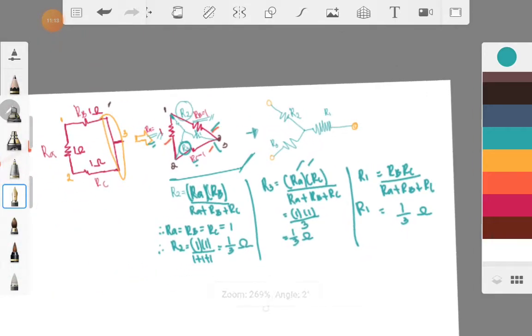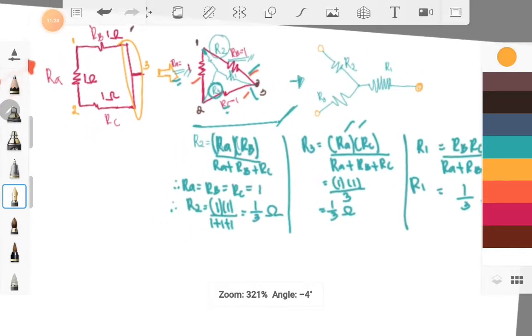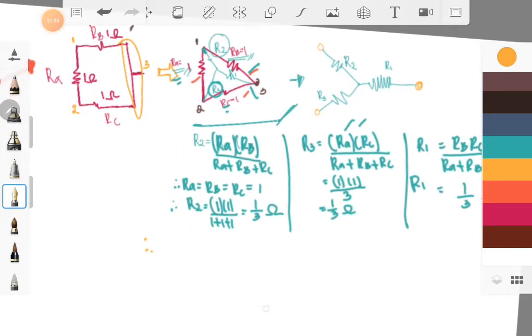Solving for this one, so we have our R1, R3, and R2. Okay. After solving our R3, R1, and R2, therefore I may derive the formula for equal delta connected resistors.